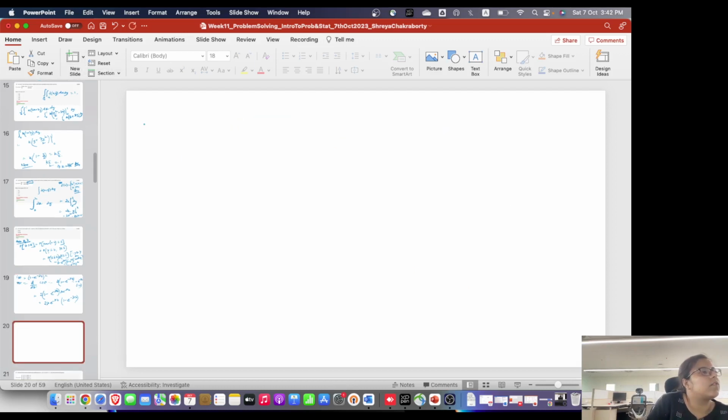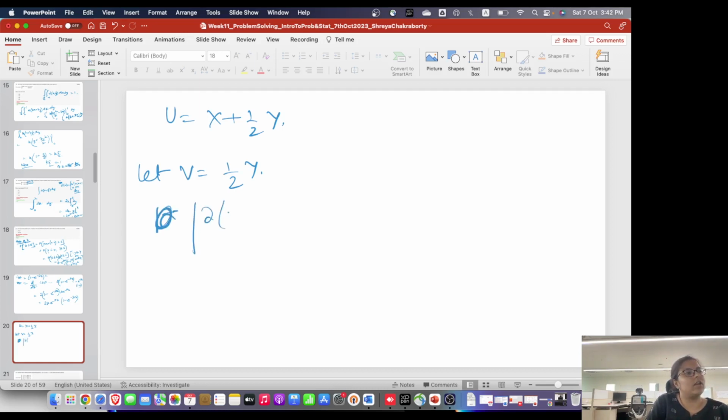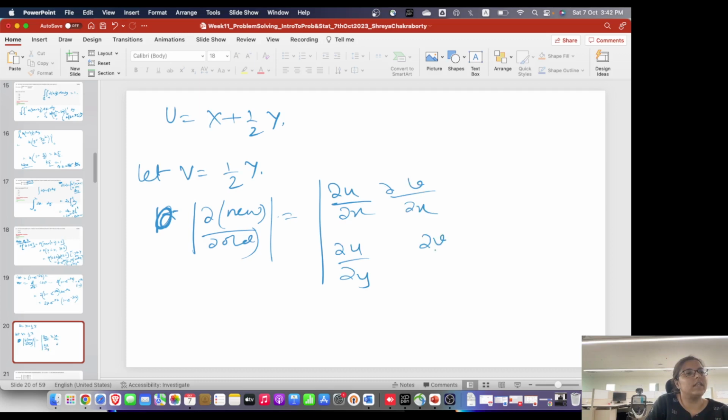So now we have a new variable, X plus half Y. Let us say u equals x plus half y and v equals half y. Now for the Jacobian, we take del new by del old, which is the matrix of del u del x, del v del x, del u del y, del v del y.